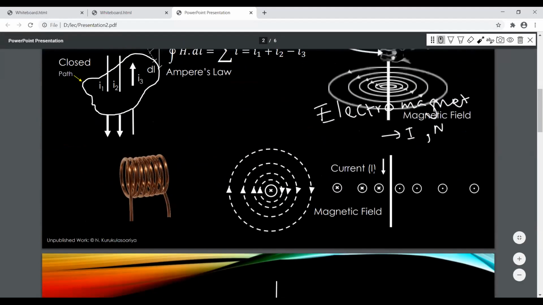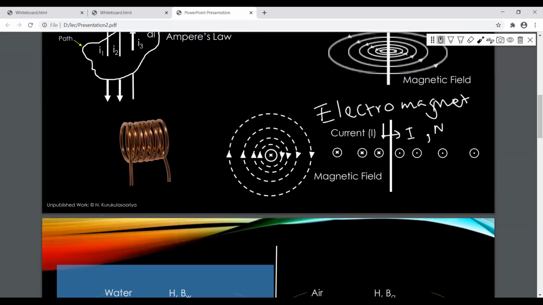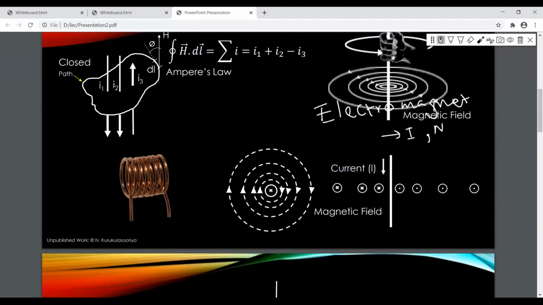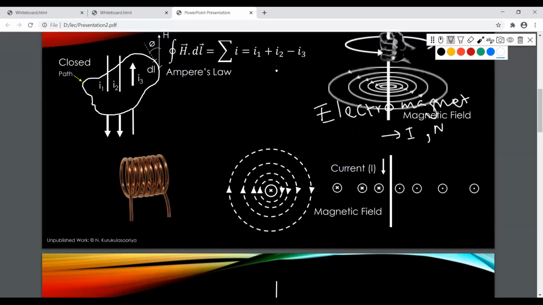And that's one thing. And depending on the number of turns, again this strength is going to increase, because if you increase the number of turns, what you are doing here is basically increasing the net current value. In this case, since there are 1 2 3 4 5 6 7 8 turns, the current coming through this conductor is multiplied by 8.